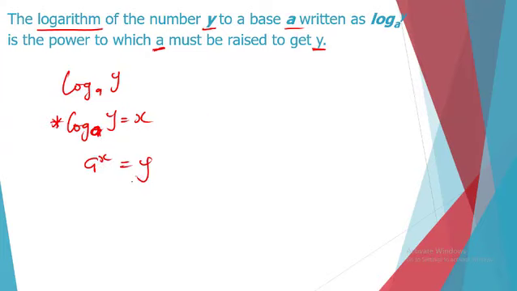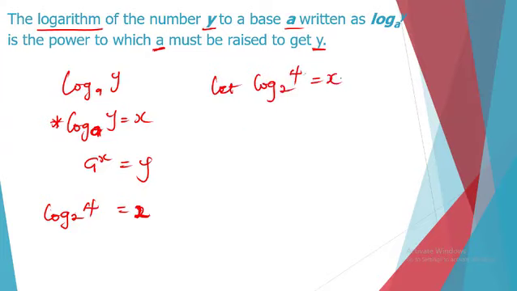So if we have, let's say, log 4 base 2, it is simply 2. Do you know why? Because 2 raised to power 2 is what will give us 4. Let log 4 base 2 be x.